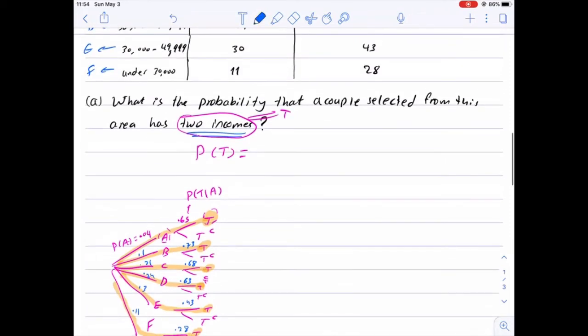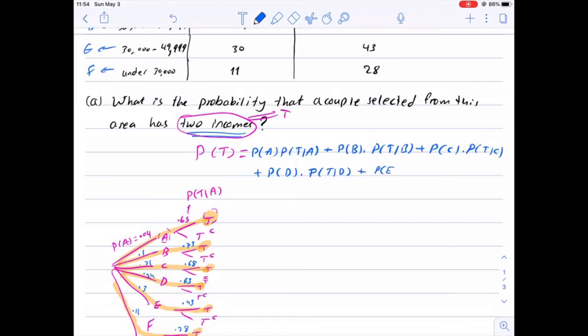So here we have probability of A times probability of T given A, plus probability of B, the second branch, times probability of T given B, plus probability of C times probability of T given C, plus probability of D times probability of T given D, plus probability of E times probability of T given E, plus probability of F times probability of T given F.